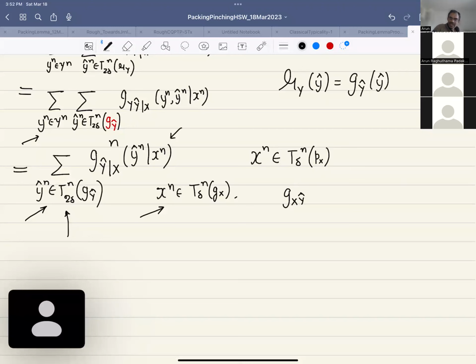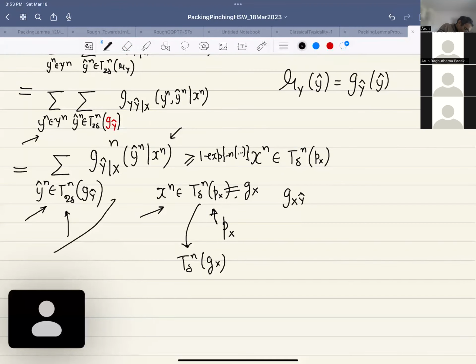So this has to be greater than 1 minus exp of something. But what is gx? I showed you gx is indeed px. So indeed, xn also belongs to T delta n px. Sorry, gx. Px equal to gx.